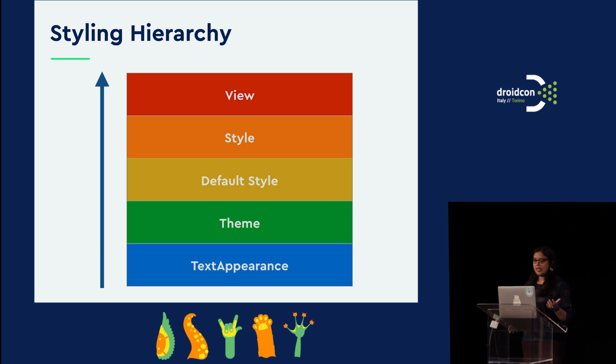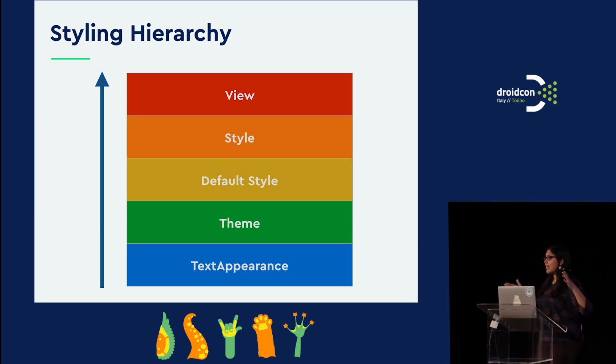And if you're not conscious of the style hierarchy, it can be pretty frustrating to work with styles, because maybe the default style overrides your theme overlay or text appearance, and the default style was set by the parent theme, so AppCompat or Material Components.